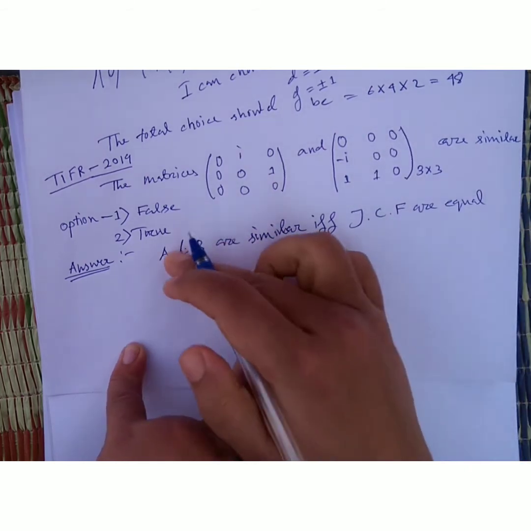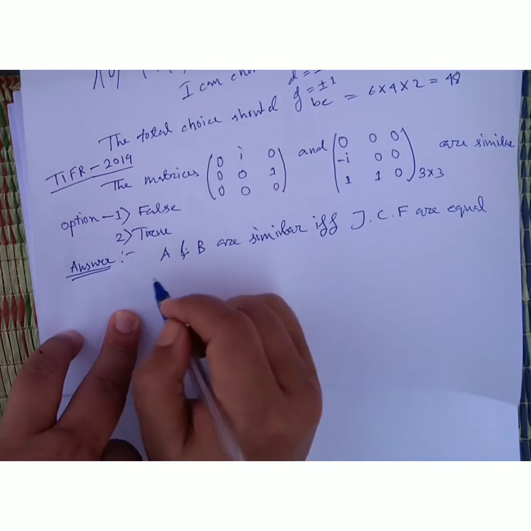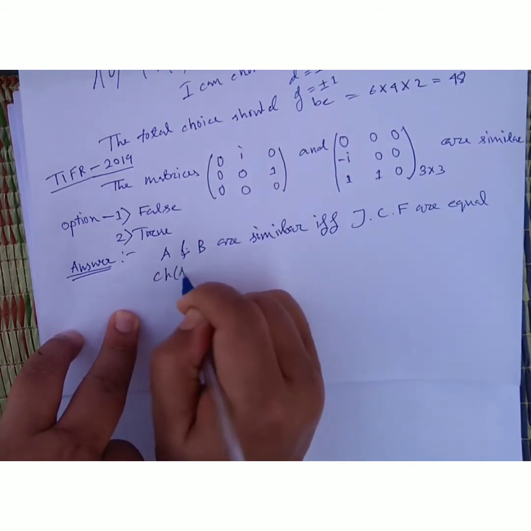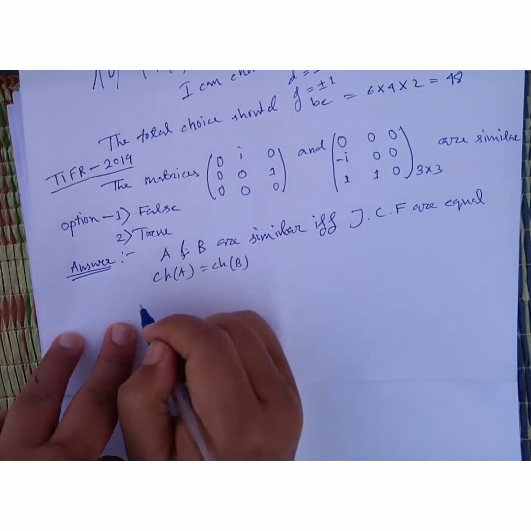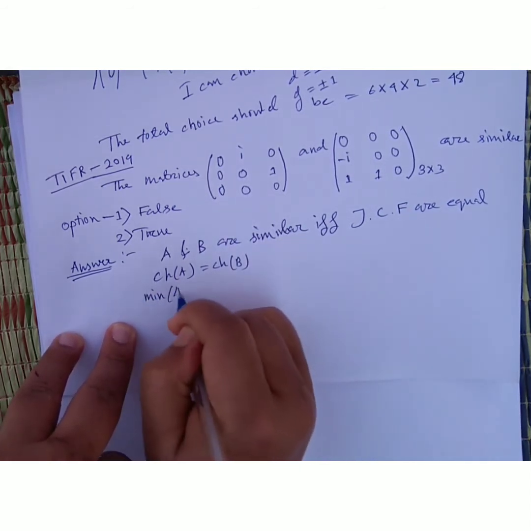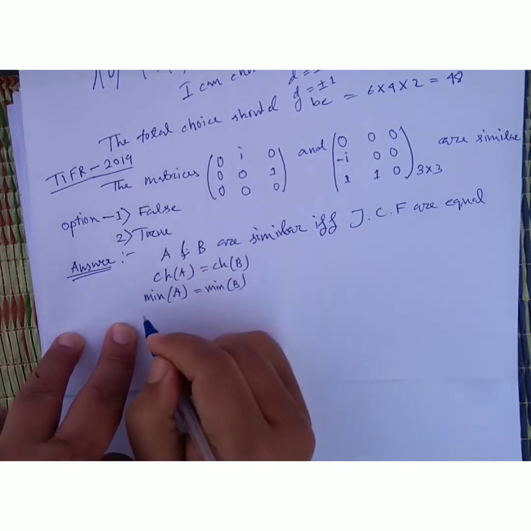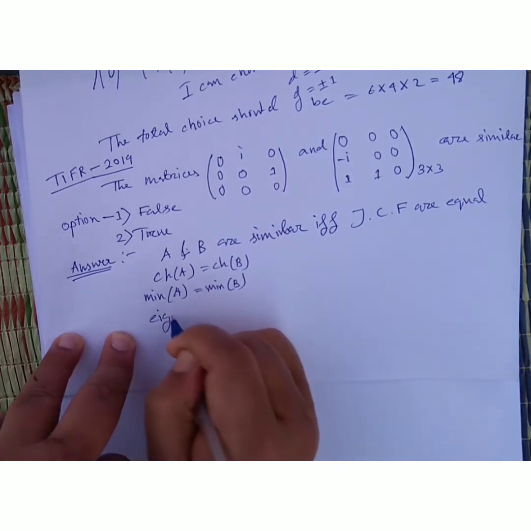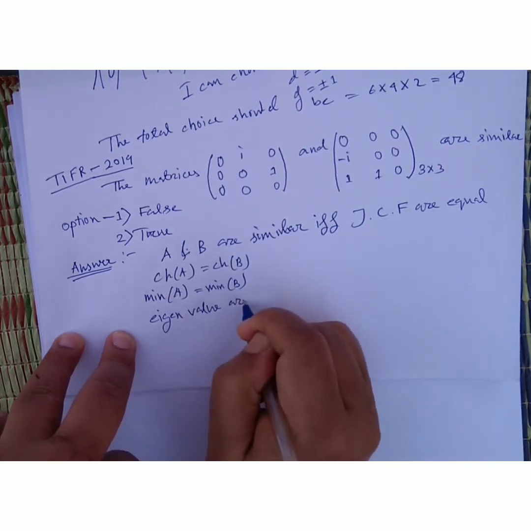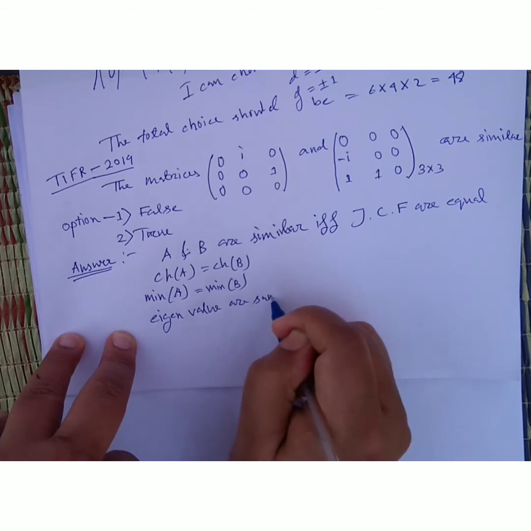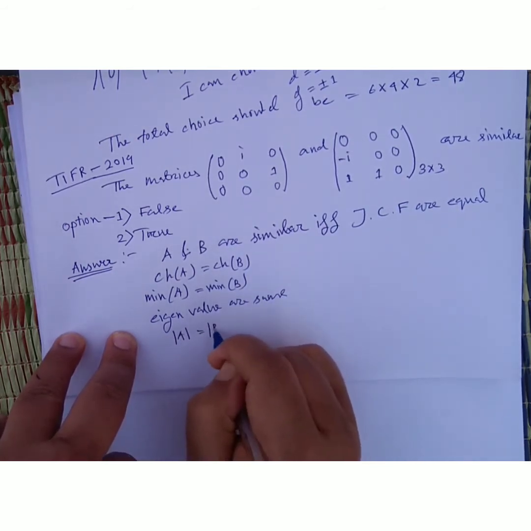Then A and B are similar. When A and B are similar, then the characteristic polynomial of A must equal that of B, the minimal polynomial of A must equal that of B, the eigenvalues are the same, and the determinant det A is equal to det B.